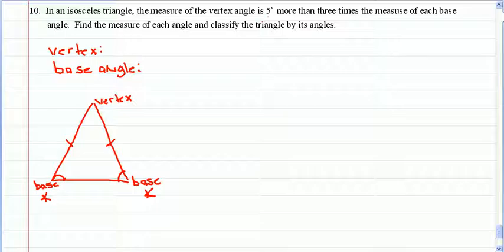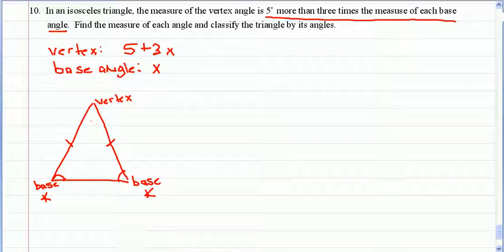So we're told that the vertex angle is 5 more than 3 times the measure of each base angle. So 5 more than 3 times means 5 plus 3x. So we're describing the vertex using the base, so that means the base is equal to x.